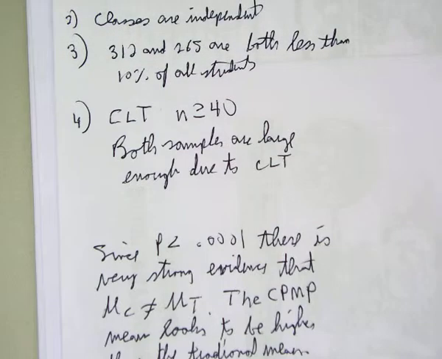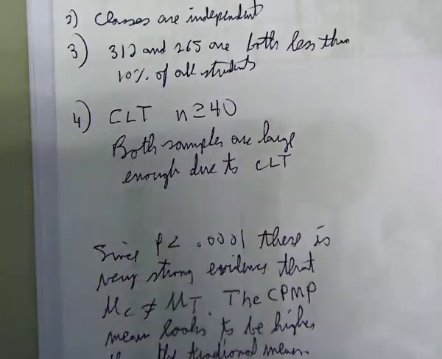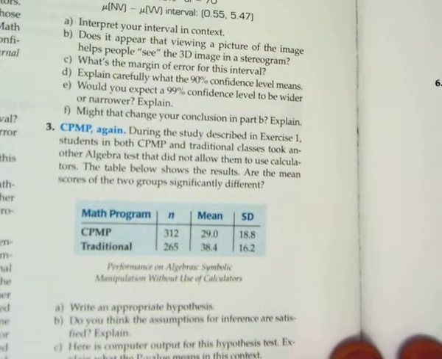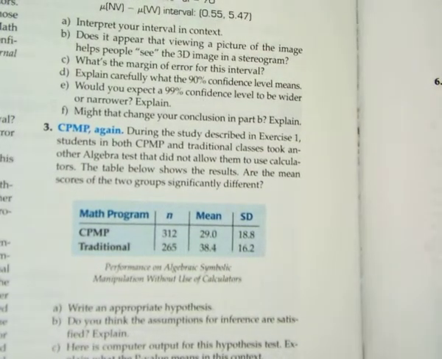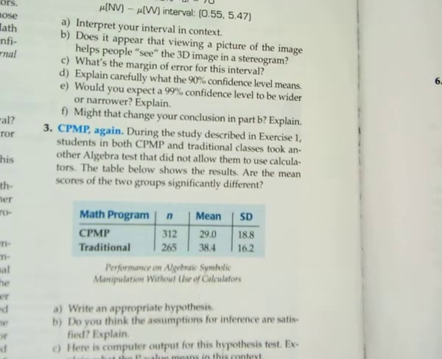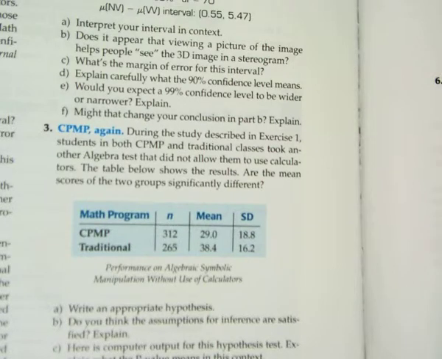I'm sorry, it's the other way around. It's actually that the traditional students did better, because their mean was 38.4 as opposed to the mean of the CPMP students. So there's actually evidence that traditional students did better.